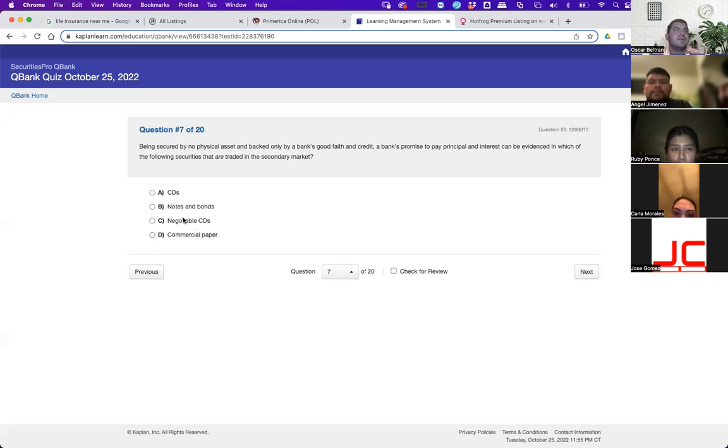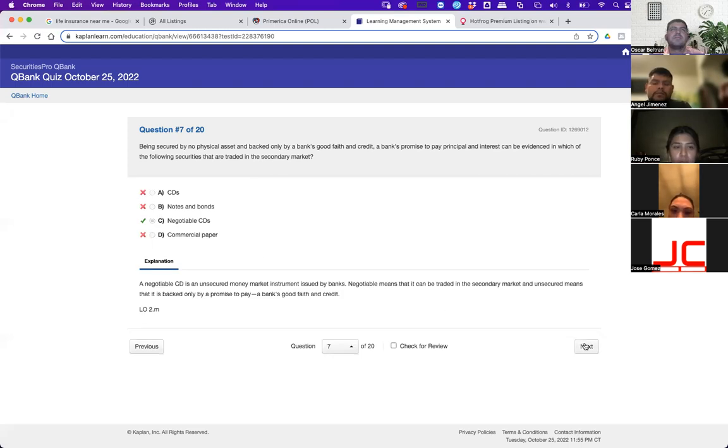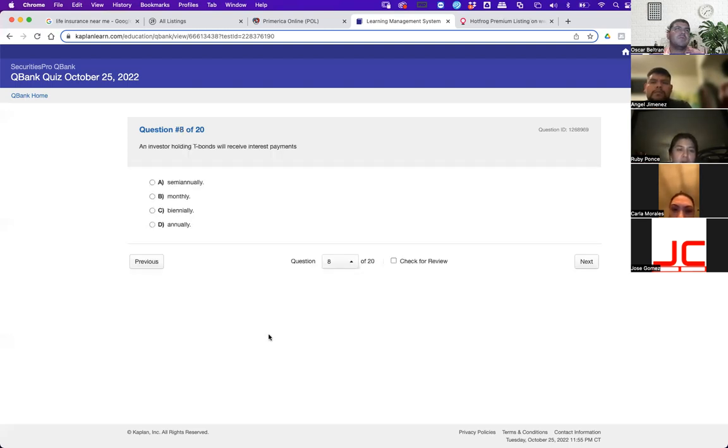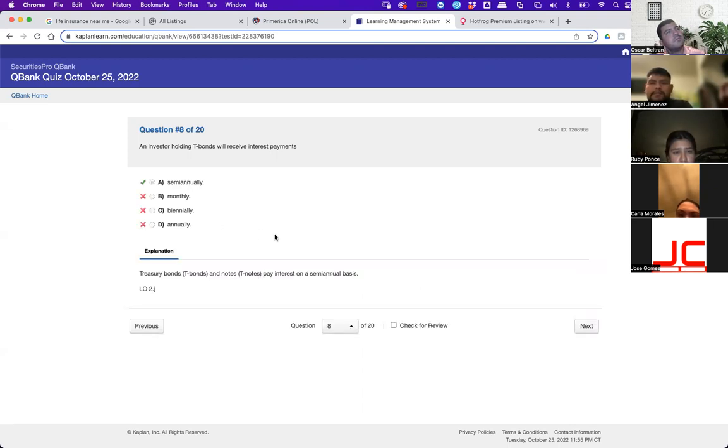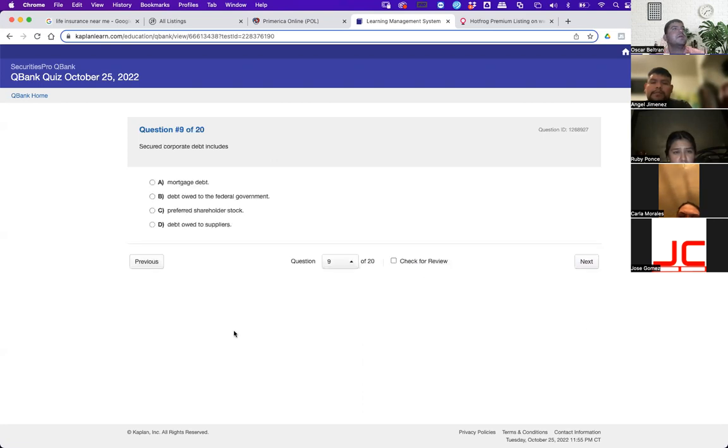There it is. All right, an investor holding T bonds will receive interest payments semi-annually. There it is. Secured corporate debt includes... probably A. What do you guys think? Yeah, A.